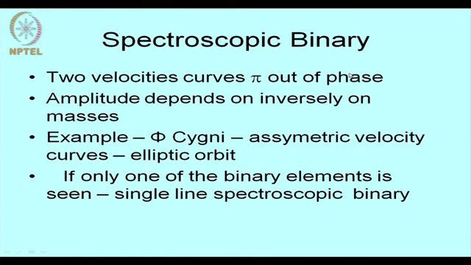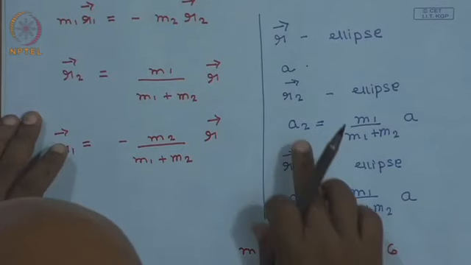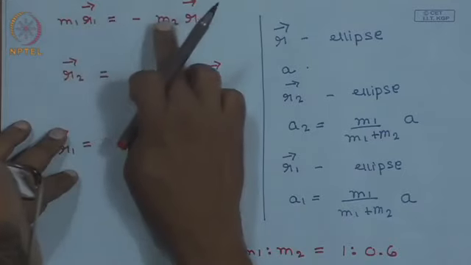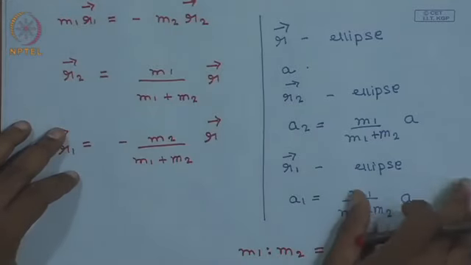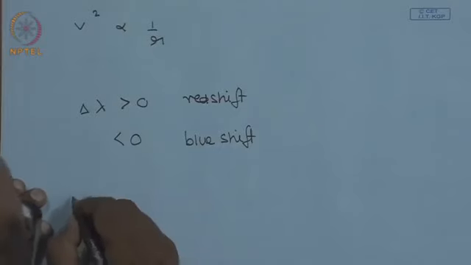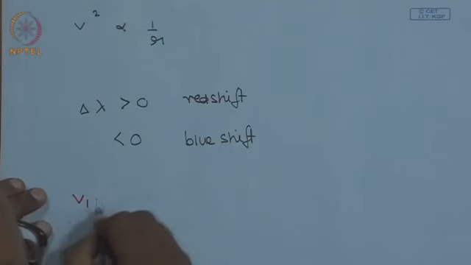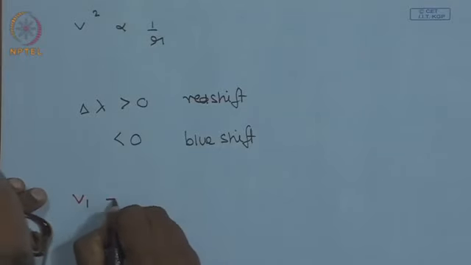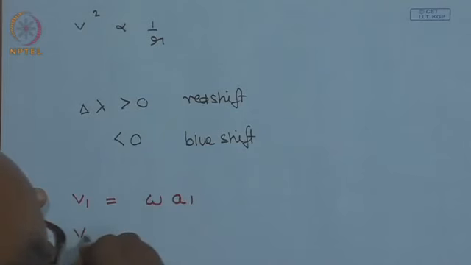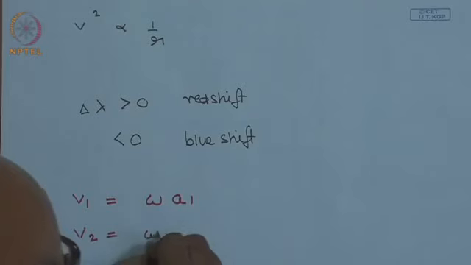The velocities of the two objects: the radii of the two objects are inversely proportional to the masses, and the velocity V1 is proportional to, for a circular orbit, omega into A1, V2 is equal to omega into A2.